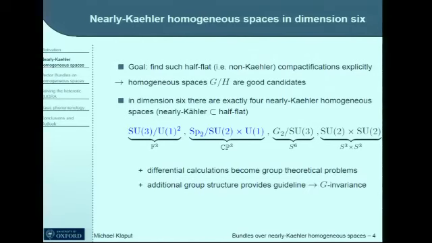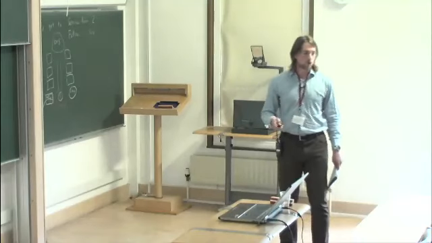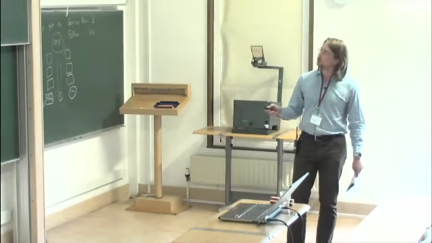The reason is that when you start doing calculations, all your differential calculations will turn out to be group theoretical calculations, and in everything you do, you want to respect the specific structure here. Also, in the other coset representations, the natural structures you construct on these will not turn out to be Nearly-Kahler.